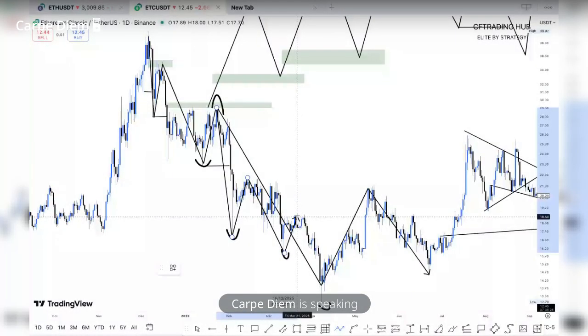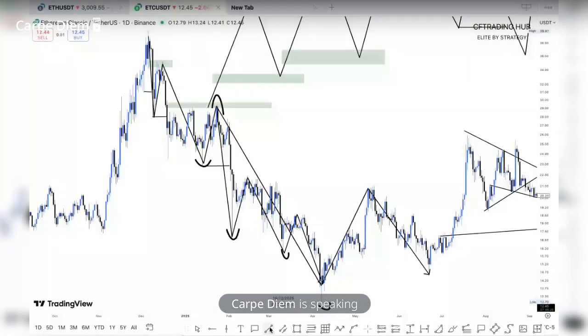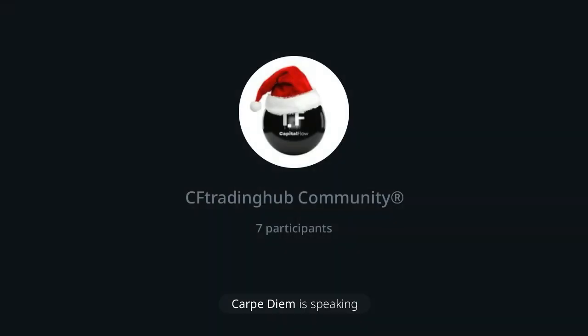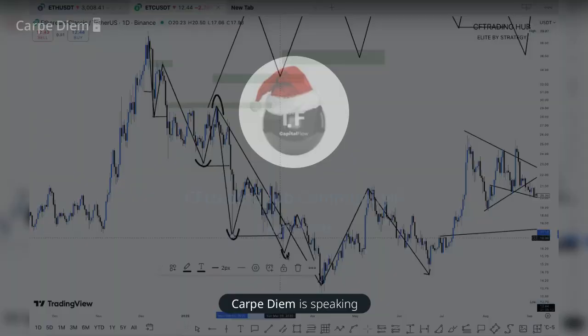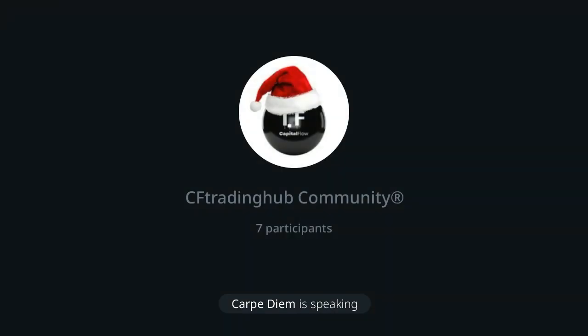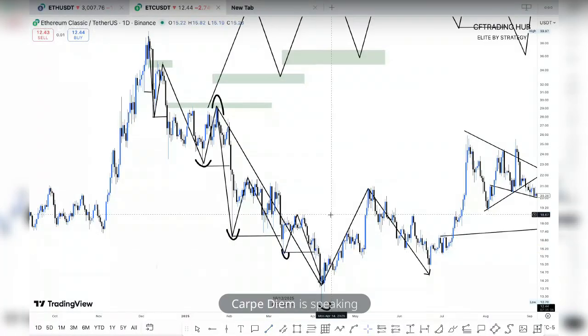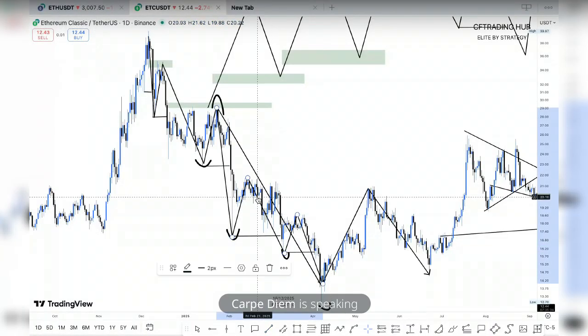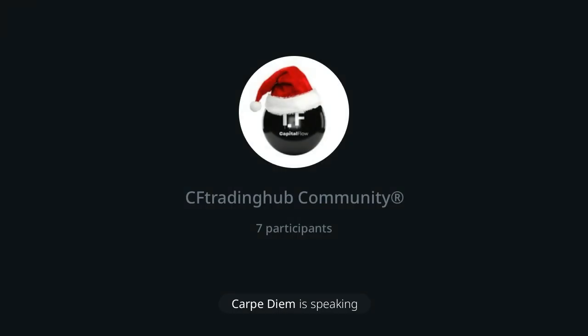So if I draw my structure like this, this will actually be my lower low, and this will actually be a break of structure for me over here, and another break of structure for me over here again. Do you get that? But I'm not using that. I'm using what I grew initially. So let me clean this up so you can get me better. This is my lower low over here.